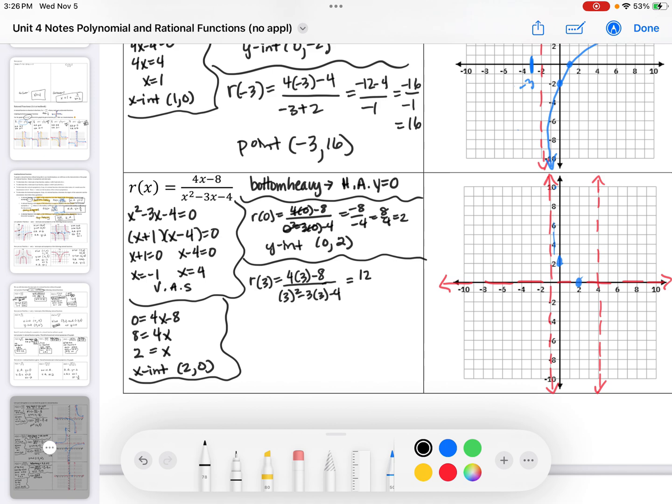So let's see. To the left of the vertical asymptote of x equals -1, let's plug in -2. So r at -2, replacing every x with -2.